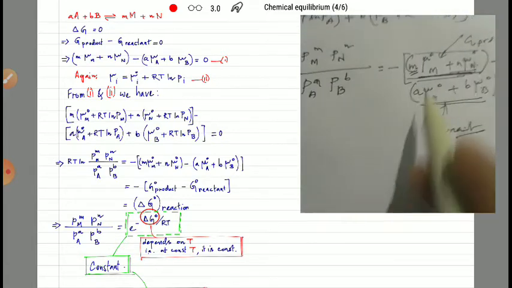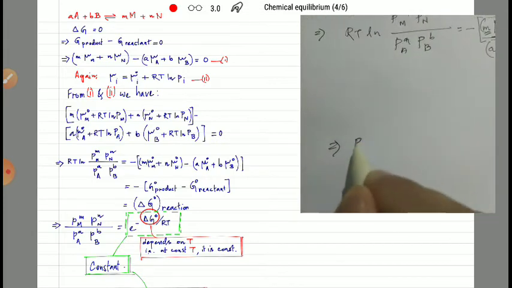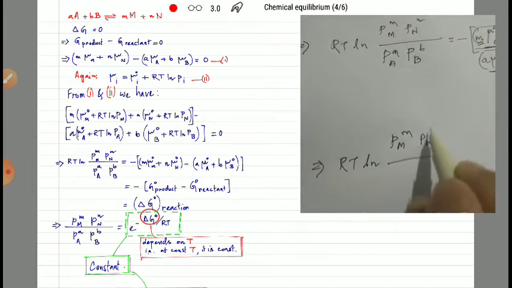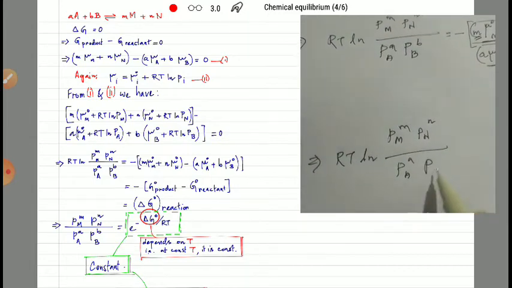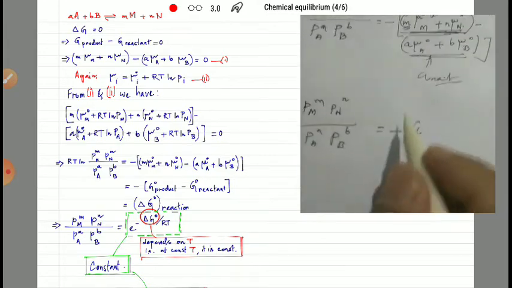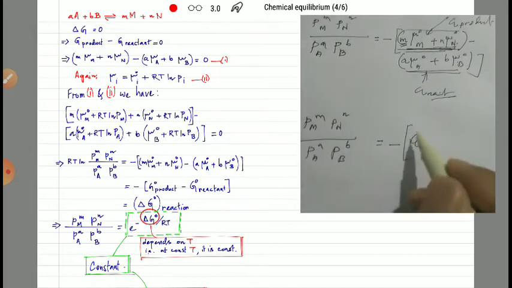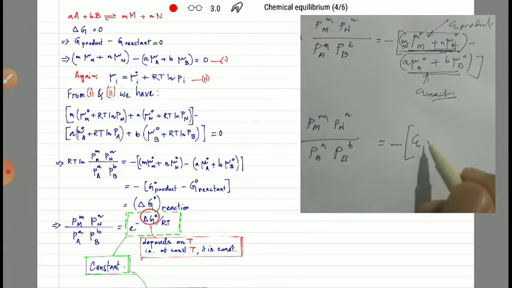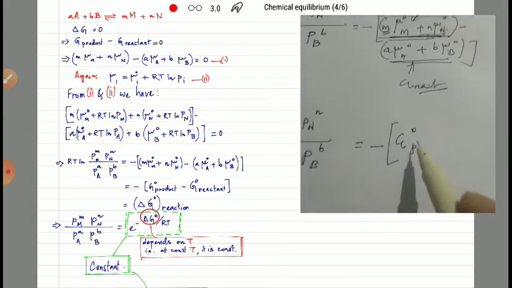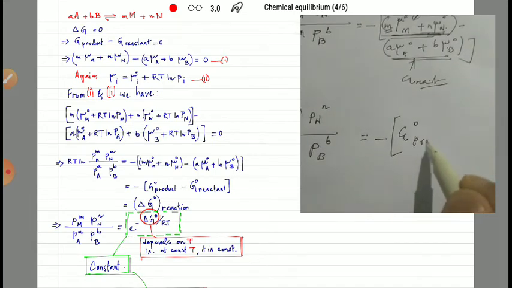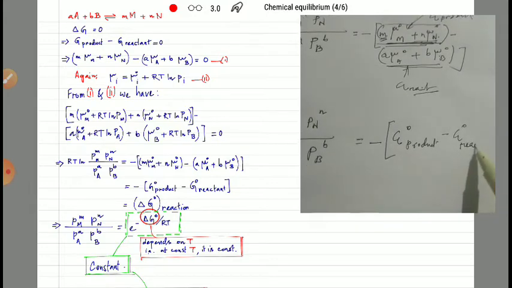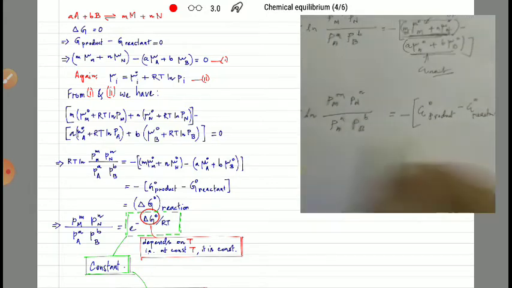So RT ln of p_m to the power m, p_n to the power n, over p_a to the power a, p_b to the power b is equal to minus (G standard product minus G standard reactant), because this is the standard case. So we have that equation.